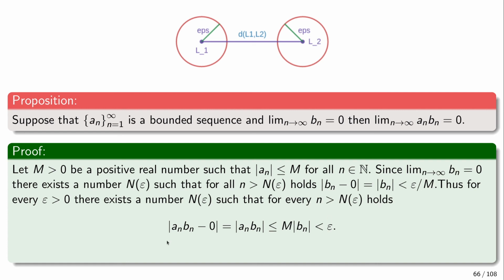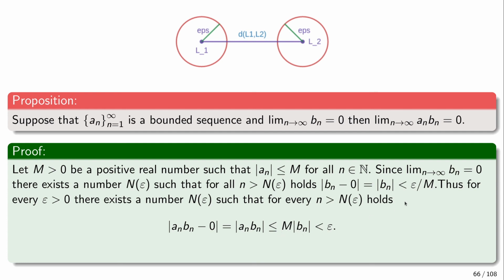Then for this N of epsilon, which is guaranteed to exist, we have that for every n greater than N of epsilon, if we consider the sequence which is the product, the distance of a_n times b_n from 0 is just equal to a_n times b_n in absolute value, and this is smaller or equal, since a_n is bounded by M in absolute value, than M times b_n.